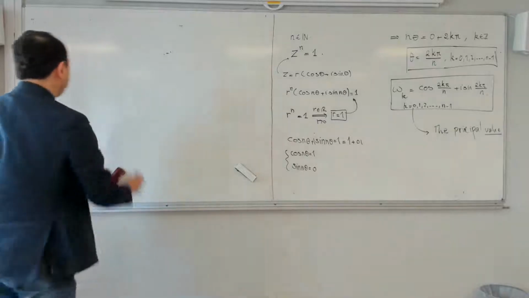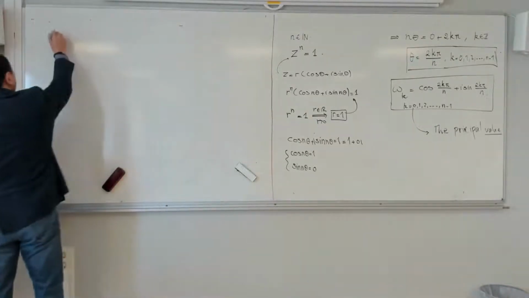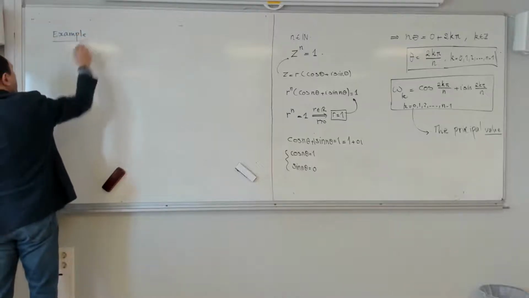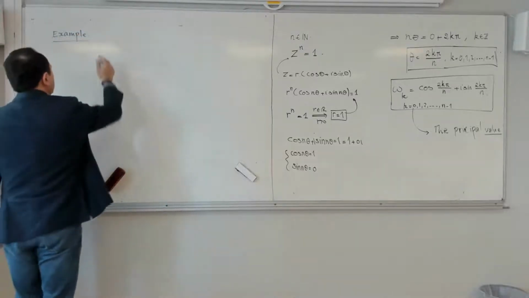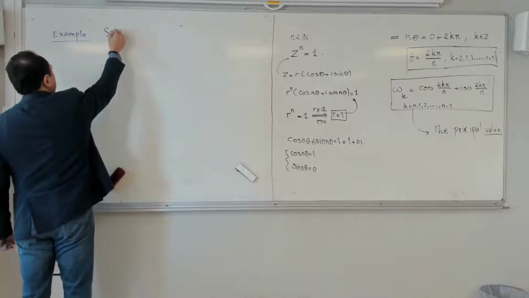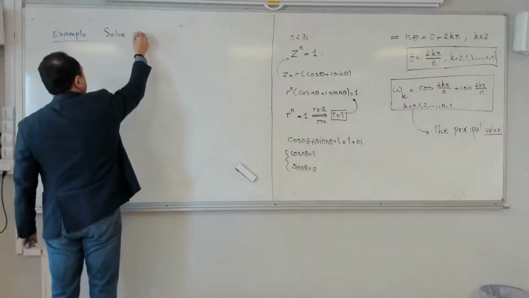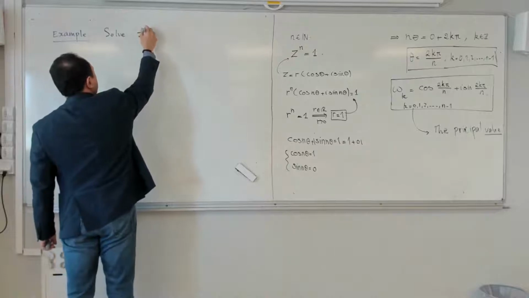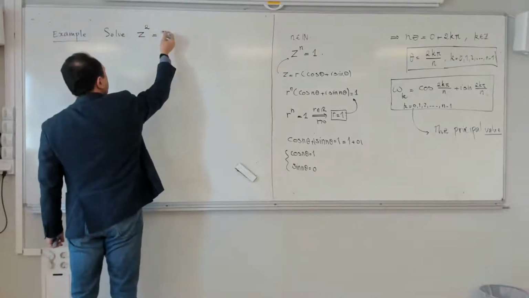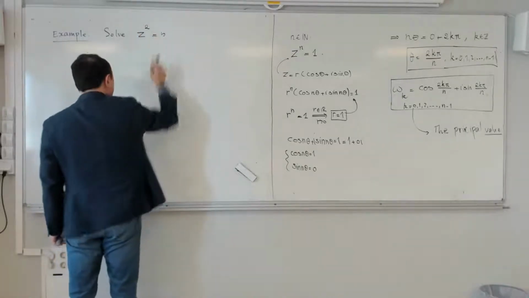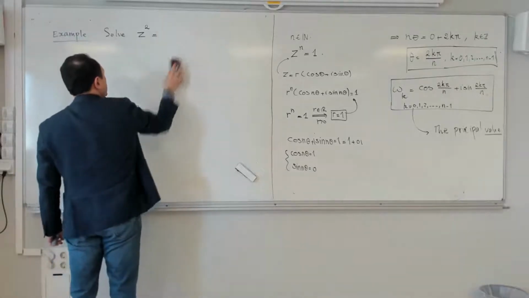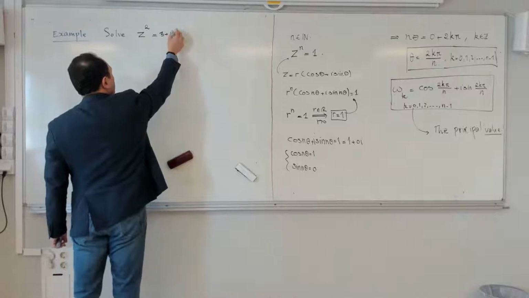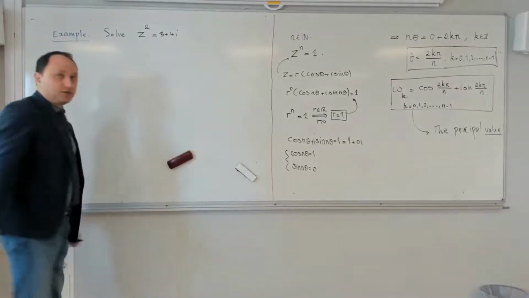So, example: this is a very simple example, so you can solve it. Let me write: solve z to the power of 2 equals 5, for example. Well, okay, let me make it more interesting here. So 3 plus 4i, and then I want you to see why this trick is very nice.